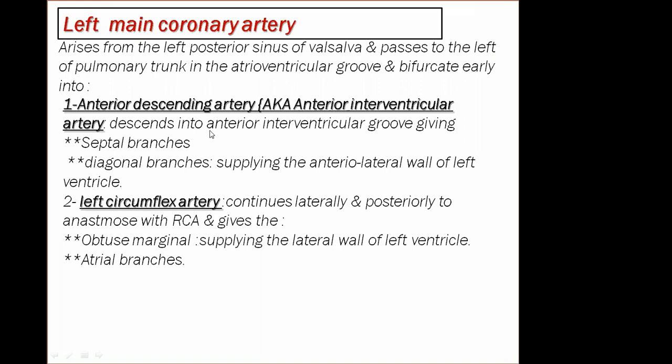This descends anteriorly in the interventricular groove and gives septal branches and diagonal branches, supplying the anterolateral wall of the left ventricle. The second branch is the left circumflex artery. This continues laterally and posteriorly to anastomose with the right coronary artery and gives the obtuse marginal, supplying the lateral wall of the left ventricle, and atrial branches.